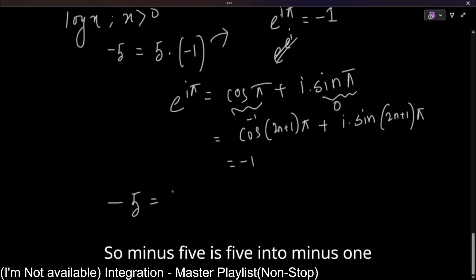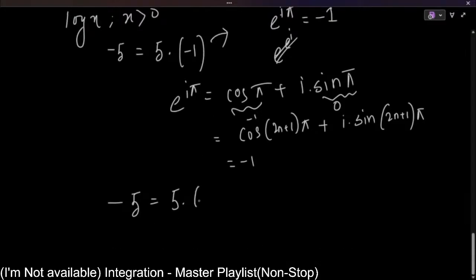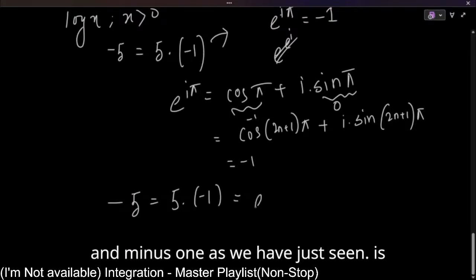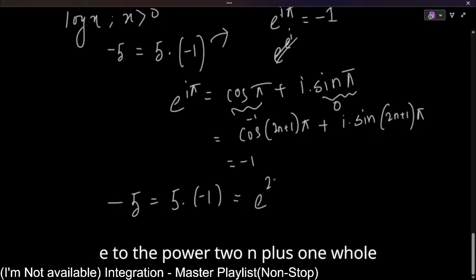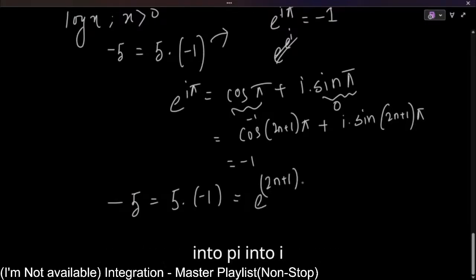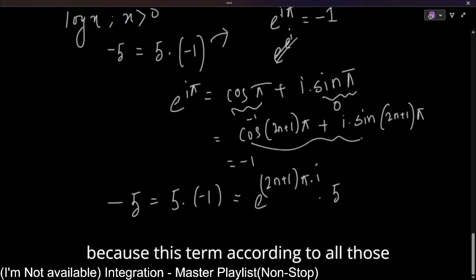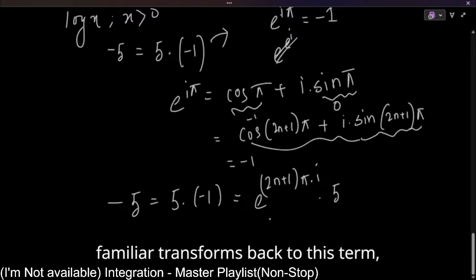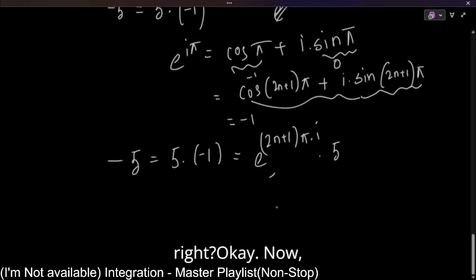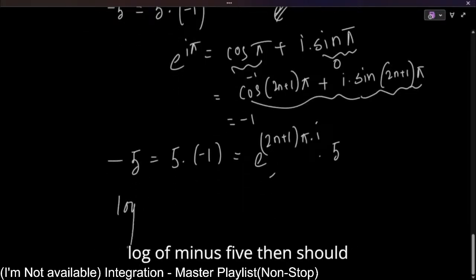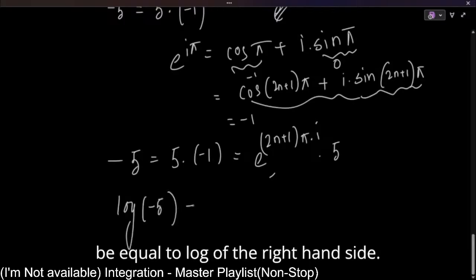Okay. So -5 is 5 into -1, and -1, as we have just seen, is e to the power (2n plus 1) whole into pi into i, multiplied by 5. That should be, because this term, according to Euler's formula, transforms back to this term, right? Now, log of -5 should then be equal to log of the right hand side.